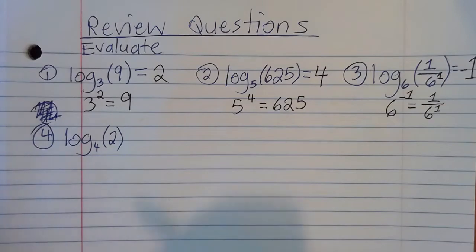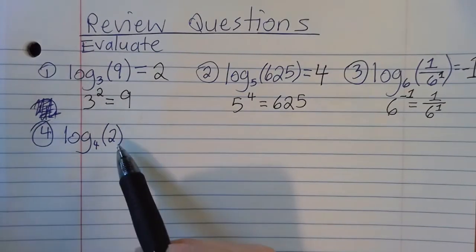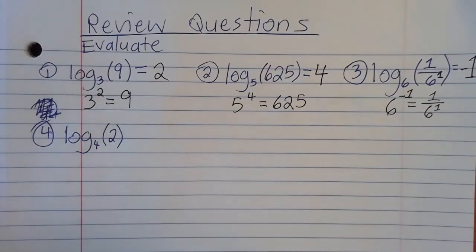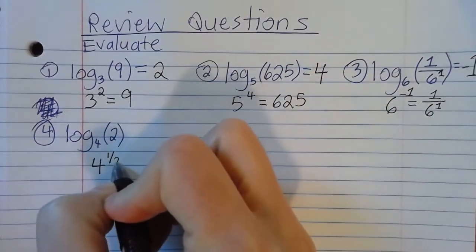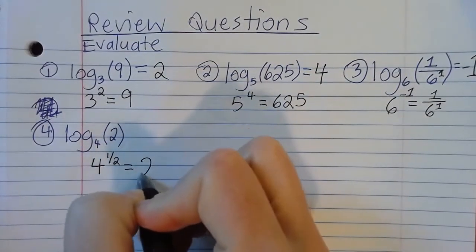And finally, we're looking at log base 4 of 2 equals blank. Now, this is a little bit harder than even number 3 because you're going downwards. And whenever you go from exponents to smaller numbers, that means you're using a fraction exponent. And it turns out that 4 to the 1/2 power is equal to 2.